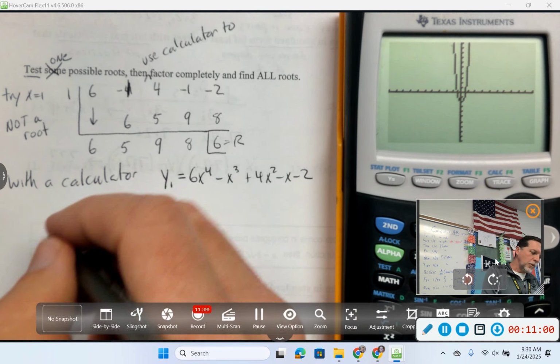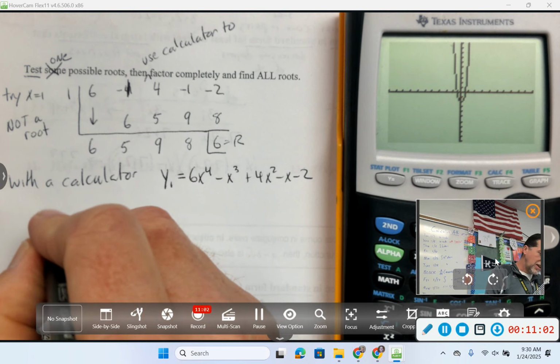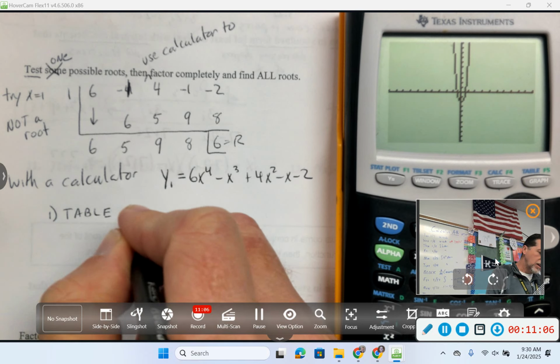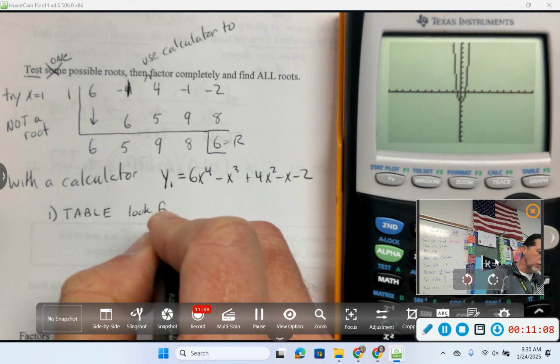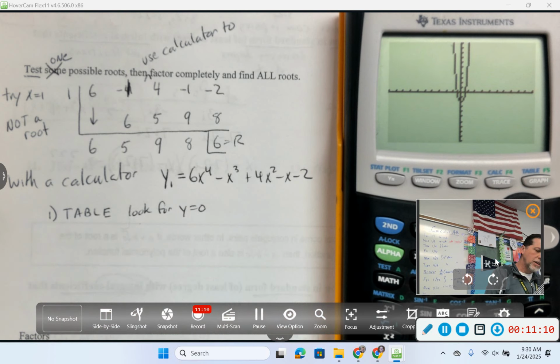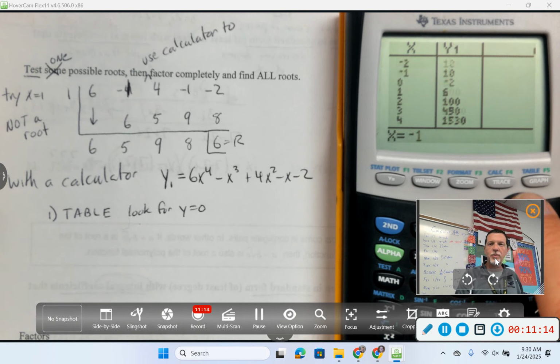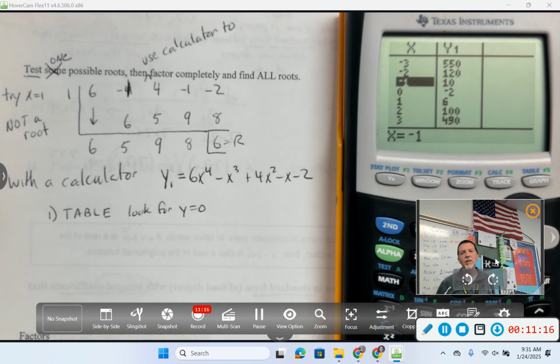One way that would be nice to find them is with a table. So we'd be looking for y equals 0. The trouble is this one doesn't have any y equals zeros. So none of the integers are going to work.